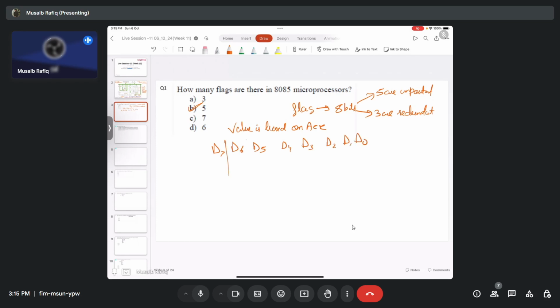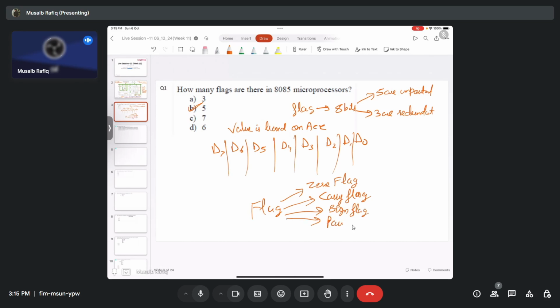These are my 8 bits of the flag. So what are these 5 flags? Number 1 is the zero flag. Number 2 is the carry flag. Number 3 is the sign flag. Number 4 is the parity flag. And number 5 is auxiliary carry.